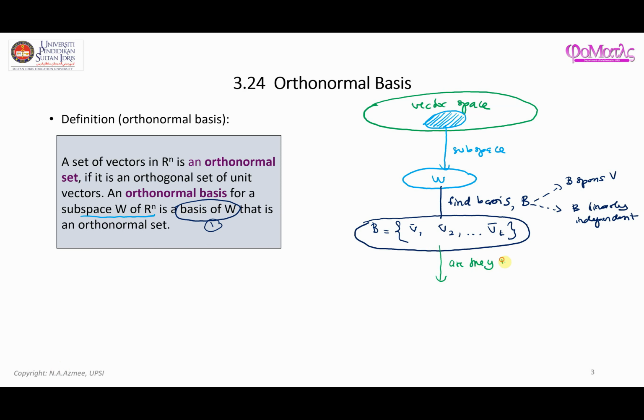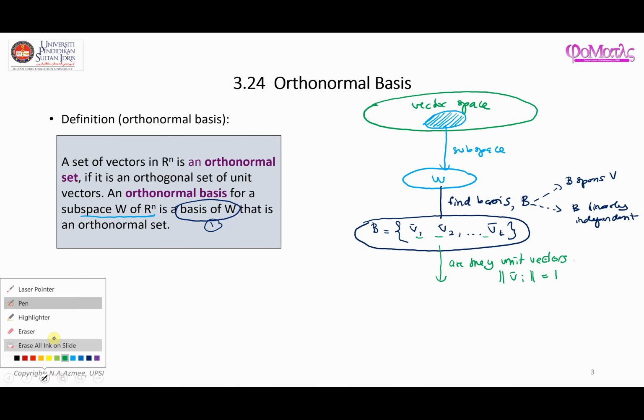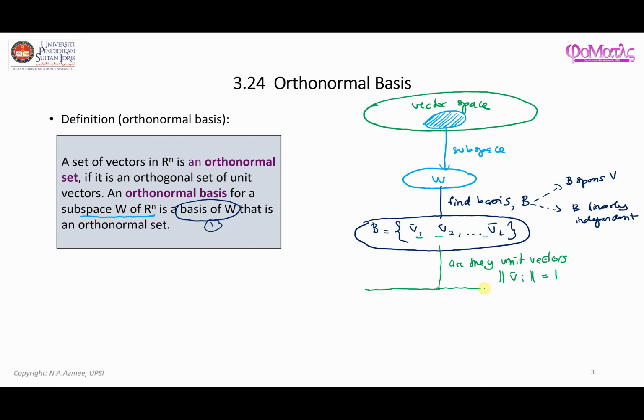What are unit vectors? All these vectors are unit vectors, which means the magnitude of each vector here is equal to 1. You've got to check that. The answer to this is either no or yes.